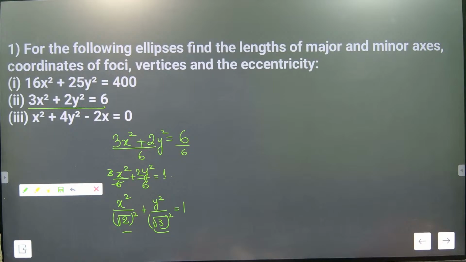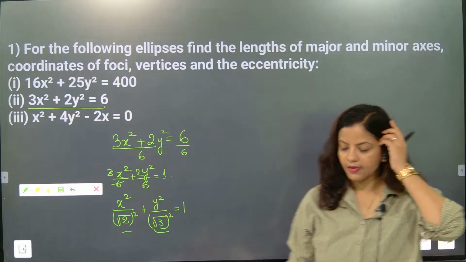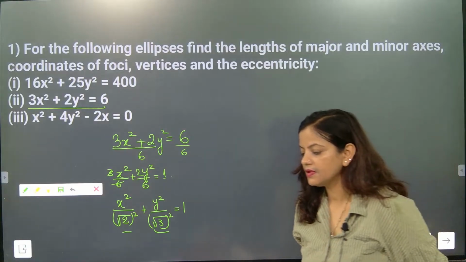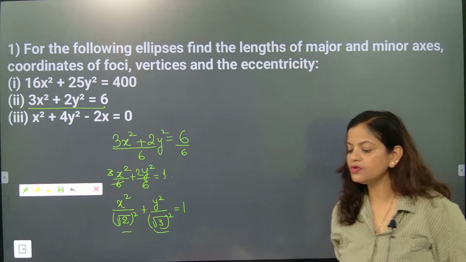Come on, solve it. Start solving. Is root 2 greater, or root 3 greater?